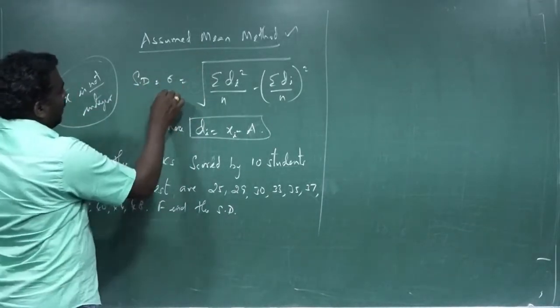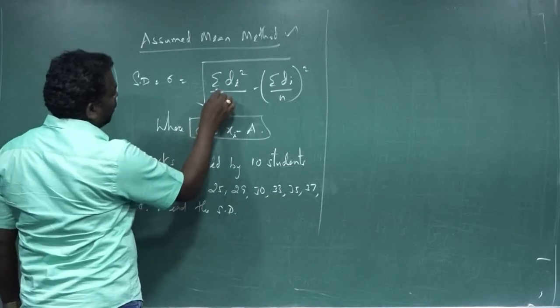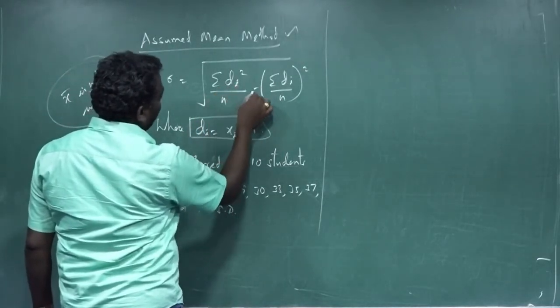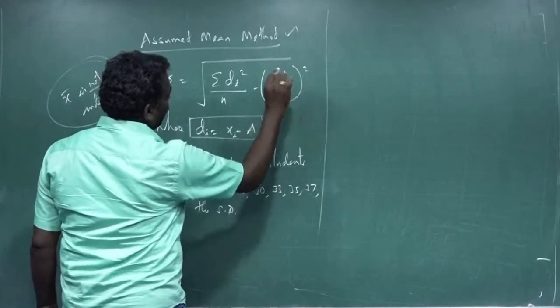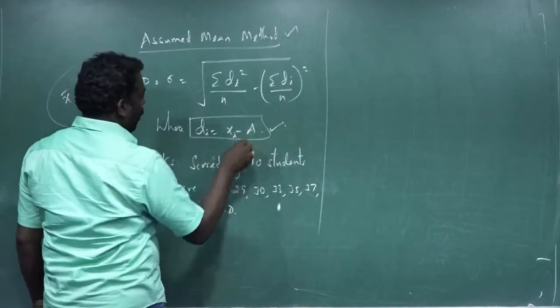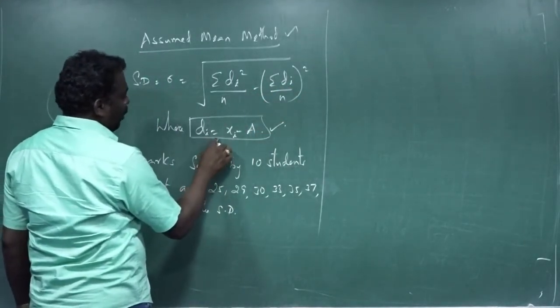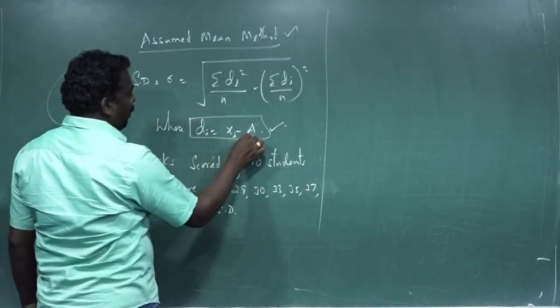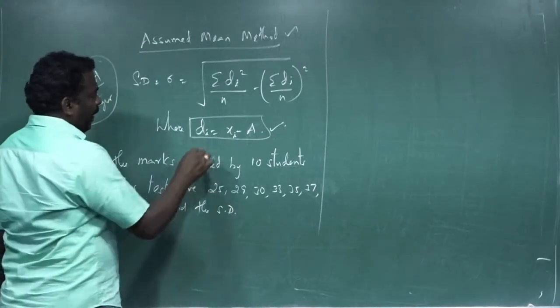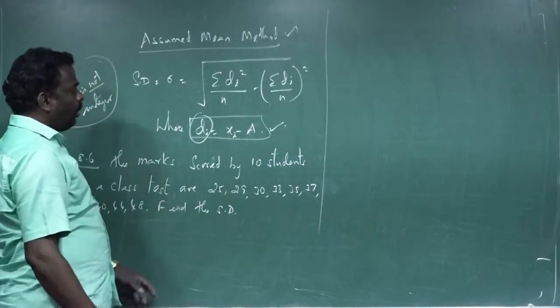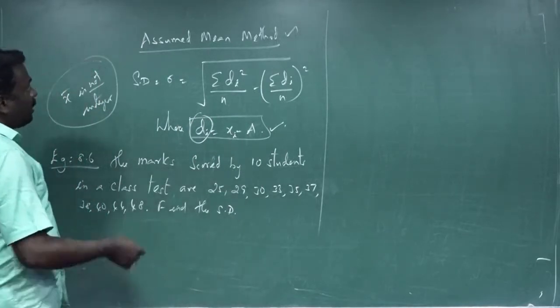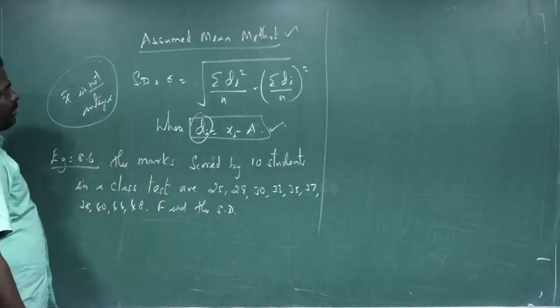The standard deviation is sigma equal to square root of summation di square by n minus summation di by n, whole square, where di is equal to xi minus a. All the x terms are separated to find d equal to x minus a.